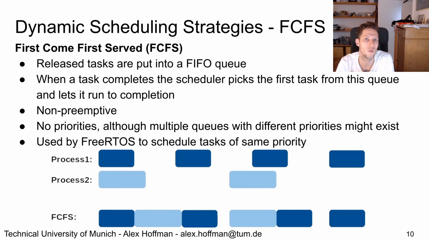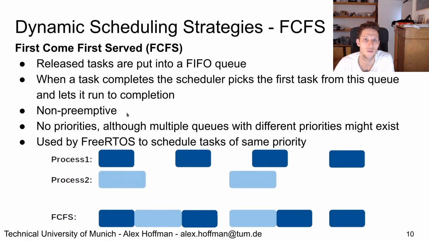So in that way we do get preemption of lower priority tasks by higher priority tasks, but within the same priority level, meaning the same queue, we don't have preemptive behavior.